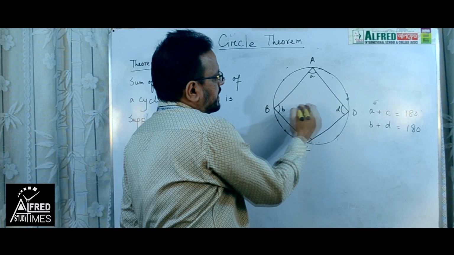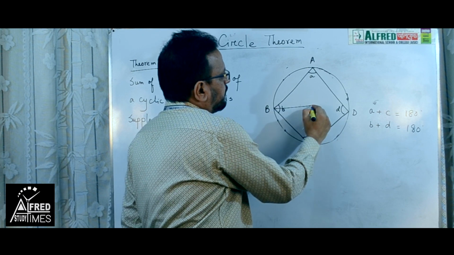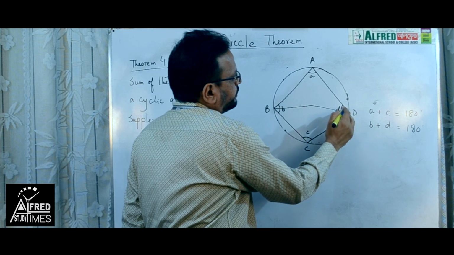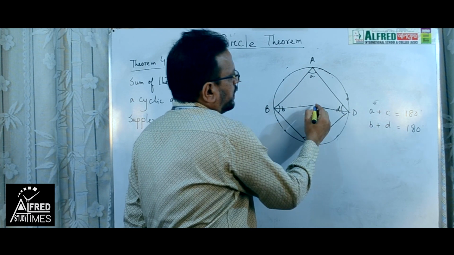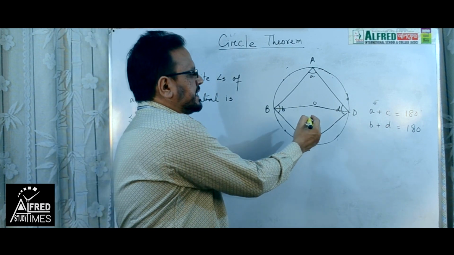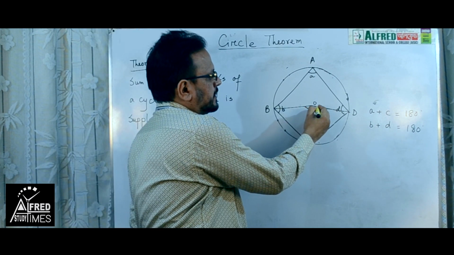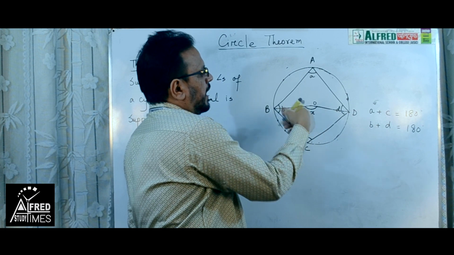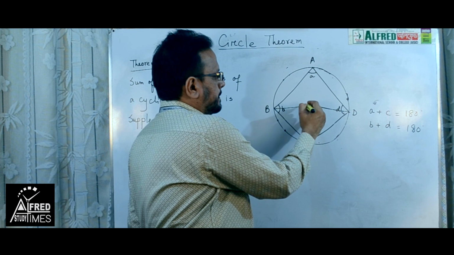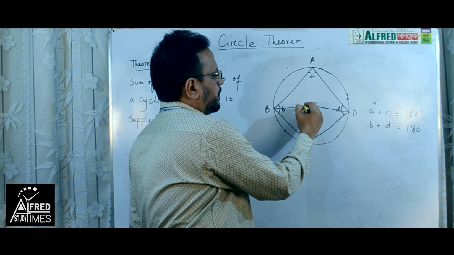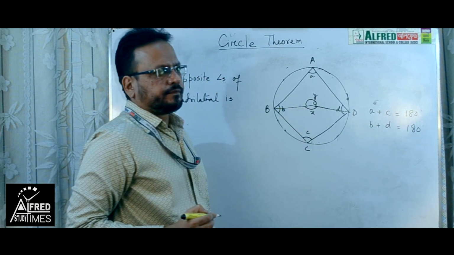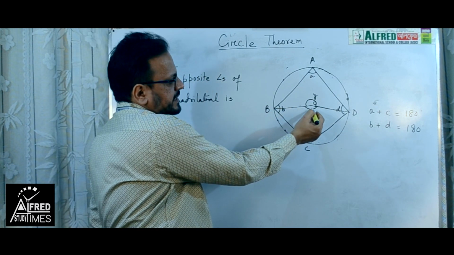Let us join the center. This is the center O. Now let us name this angle X, and that part of the circle we are naming Y. Now see, this is the angle at the center.